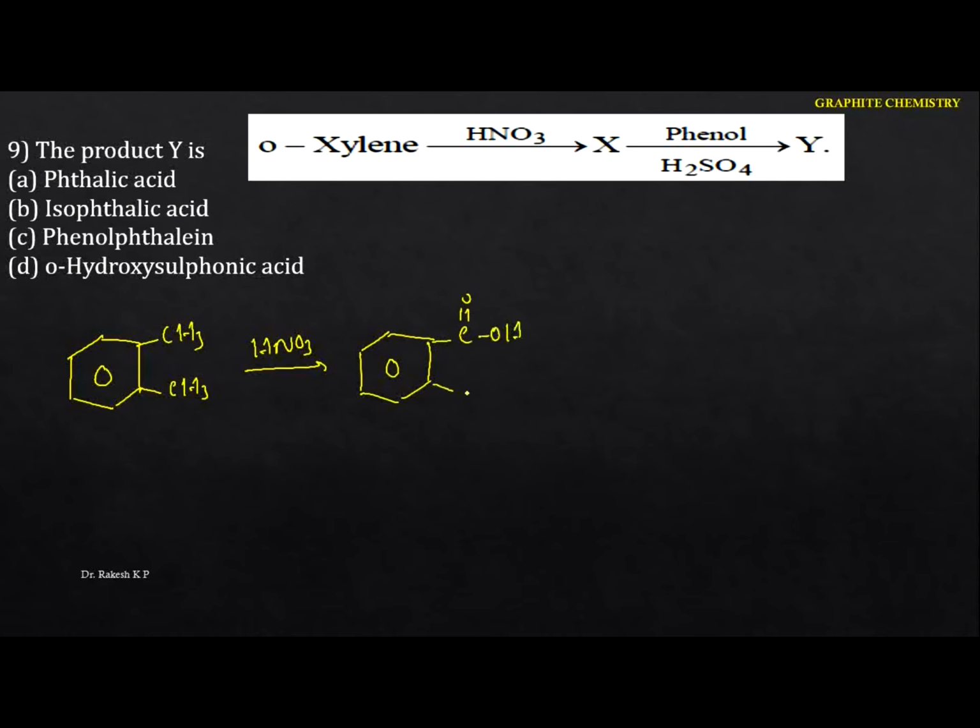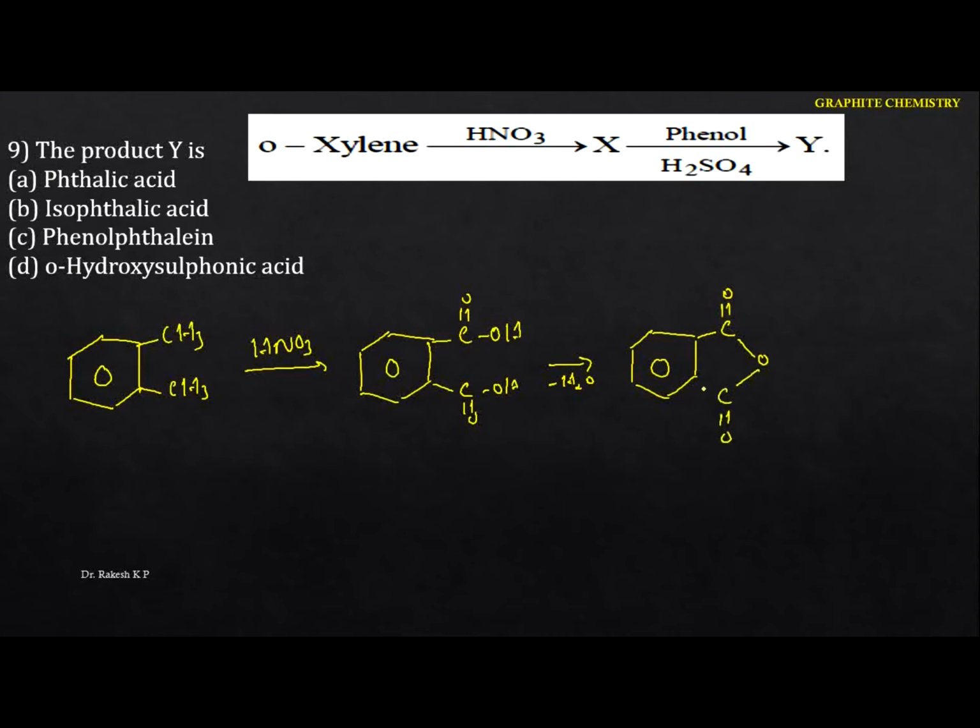But see the next one here, this carboxylic acid, because it is very adjacent to this one, eliminates water molecules to form the respective anhydride. So we got phthalic acid here, and here it forms the phthalic anhydride.